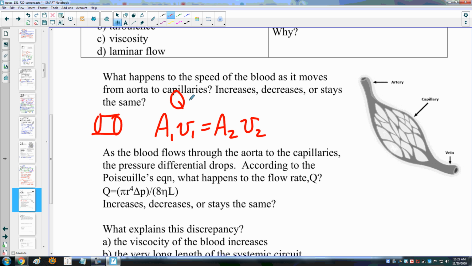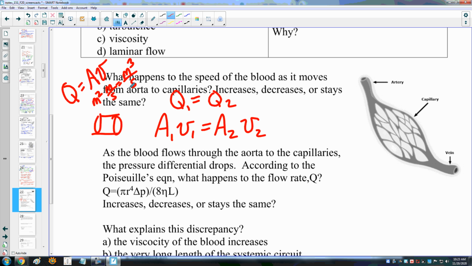Remember, this is just saying that the flow rate has to remain constant, but the flow rate Q is equal to the area times the speed. In fact, if we look at the units here, this is meters squared, this is meters per second, so this gives me cubic meters per second. So that's good. Now, what happens as the blood moves from the aorta to the capillaries?